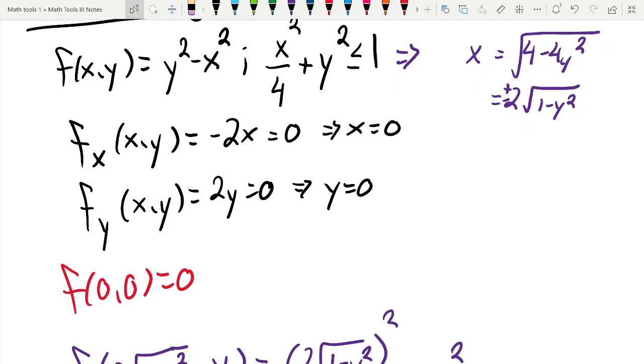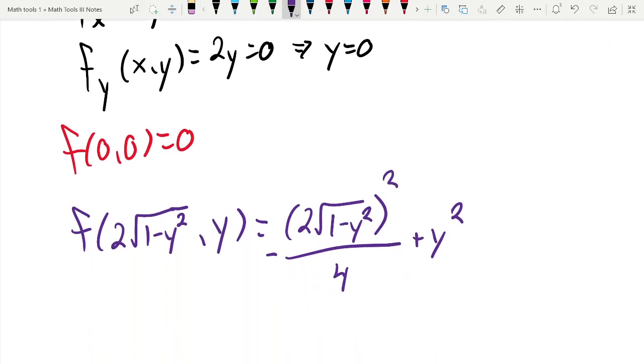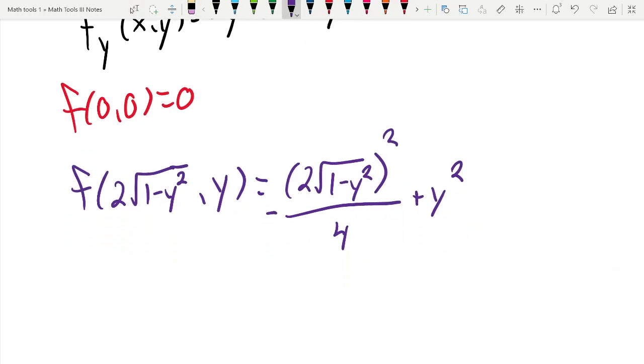So this should be negative that, and that's fine. Yep, and then that's the same thing. Okay, so we can simplify this a little bit though, right? Because this will be 2 squared is 4, then the 4's will cancel.